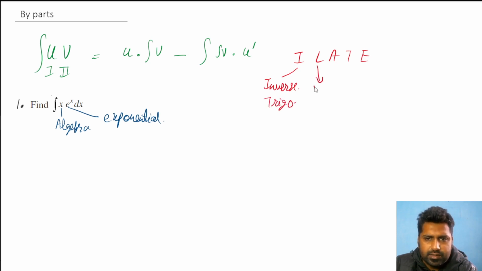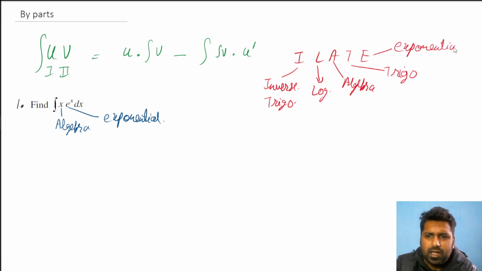Then second priority is for log. Third is for algebra. T is for trigo. And E is for exponential. Means exponential is the last thing that you have to consider as the first function. So algebra comes first before the exponential. So this is our first function, this is our second function.